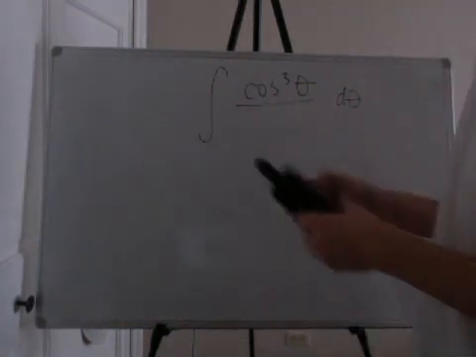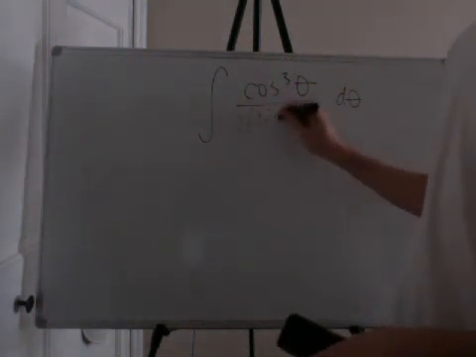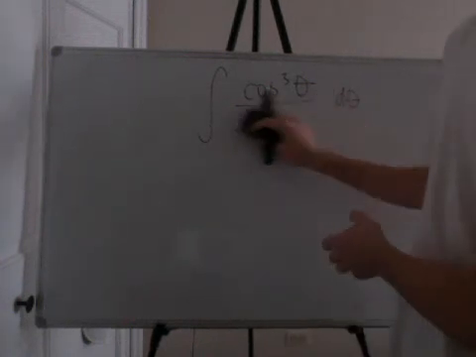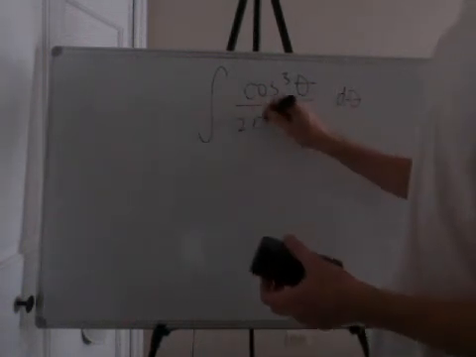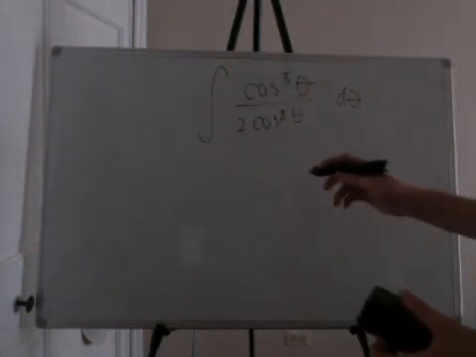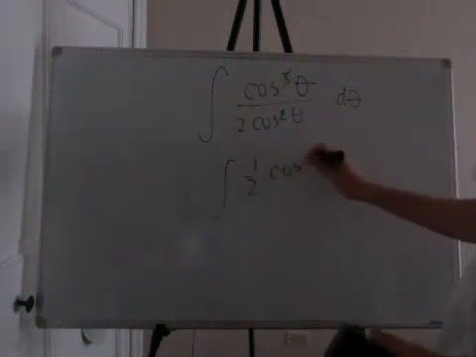We can make this 2 times 1 minus sine squared theta, which we know is just going to be cosine squared theta, and then these will cancel out, and you'll end up with the integral of 1/2 cosine theta d theta.